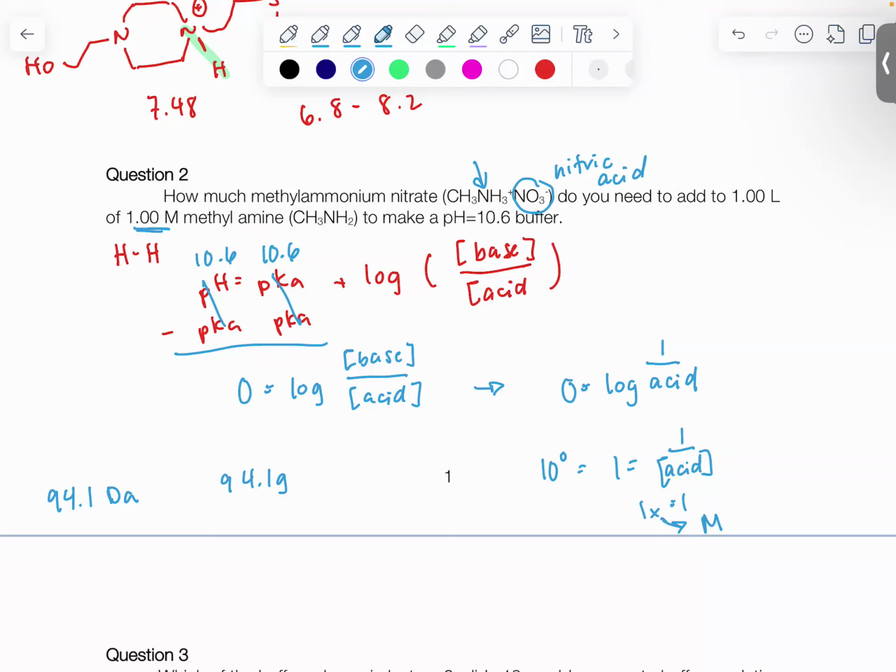Any questions? If he gives you both and they're different, use those values. If he doesn't, you can assume they're the same.